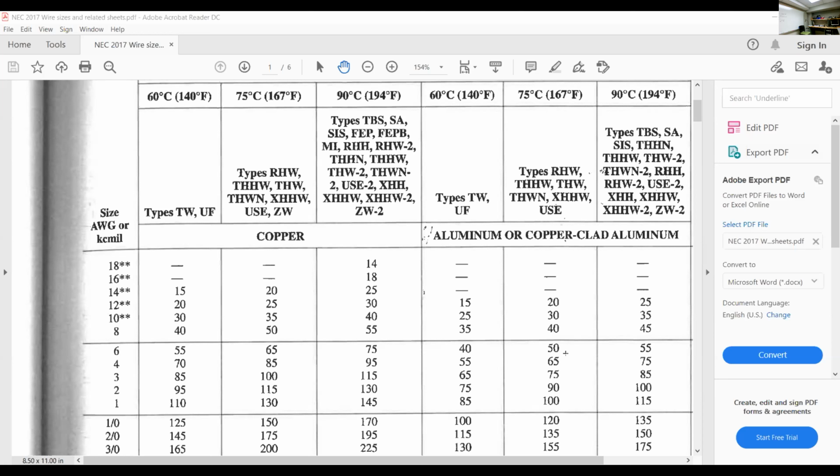Even though it's that kind of wire, you've got to fall back over here and come down. What size wire would you have to go to then? Actually, it's the same. It's still a number 8 in this case, but you couldn't pull any more than 50, where over here you can pull 55 amps. So it cuts it down by 5 amps because of the limitation of the terminals that you're tying to.